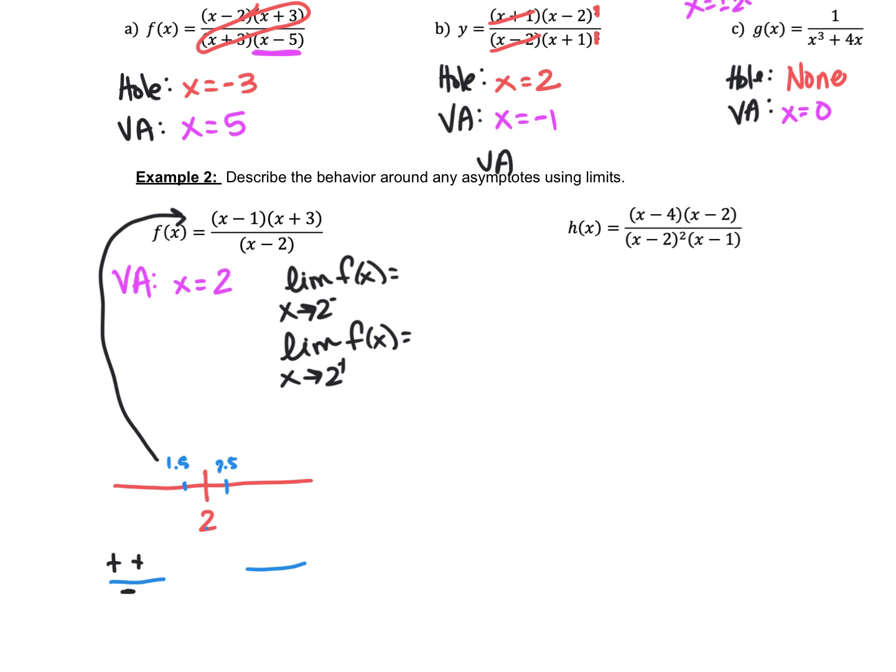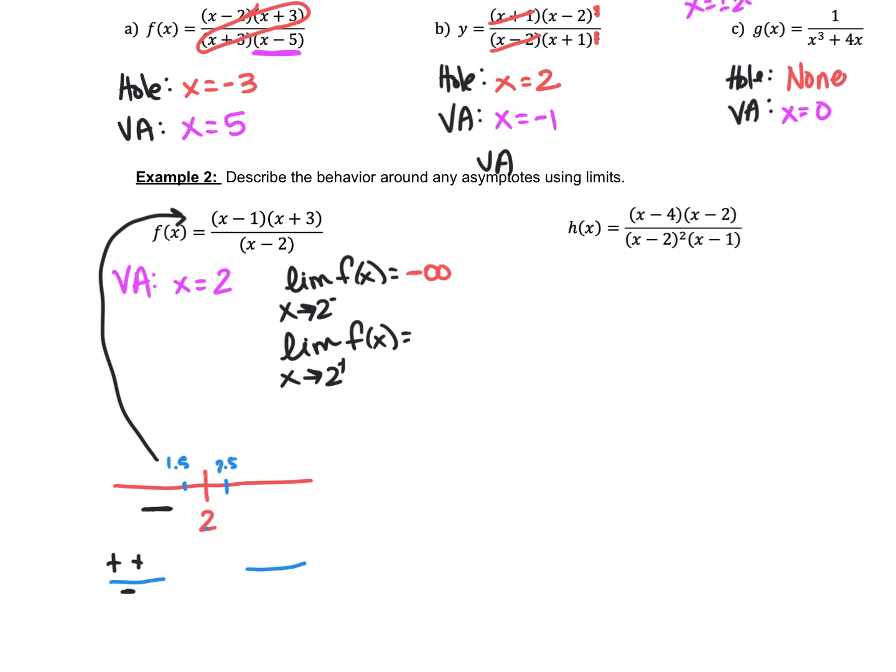What happens when I get 2 positives on the top and a negative on the bottom if I reduce it? Would I get a positive or a negative? Yes, that would give me a negative. So on the left-hand side, we are approaching negative infinity. All right, we're just talking about the values of the numbers.